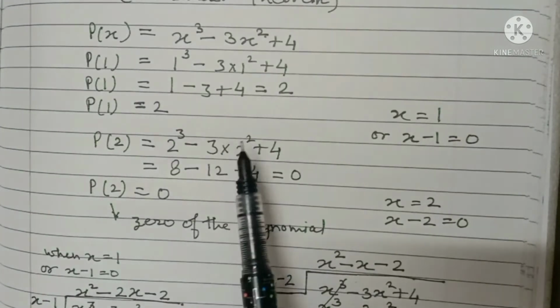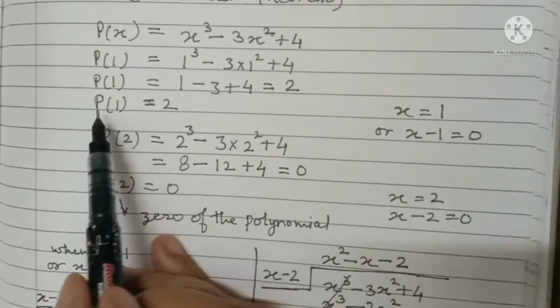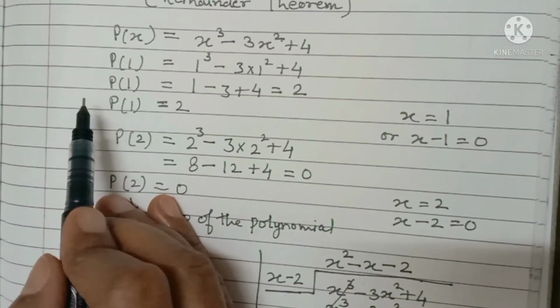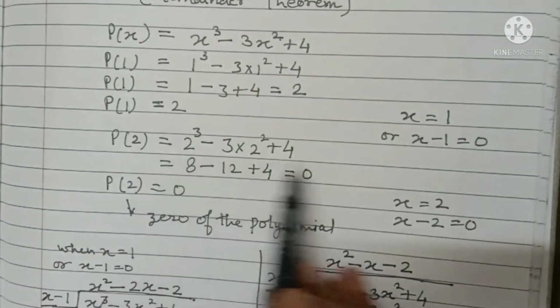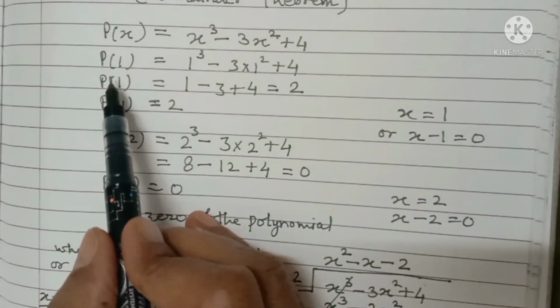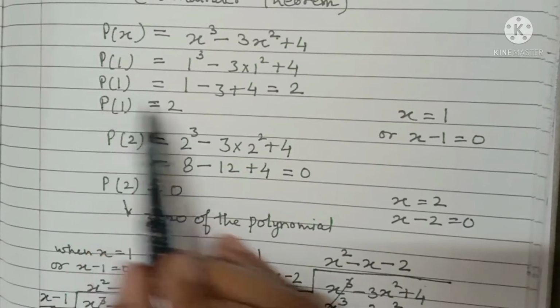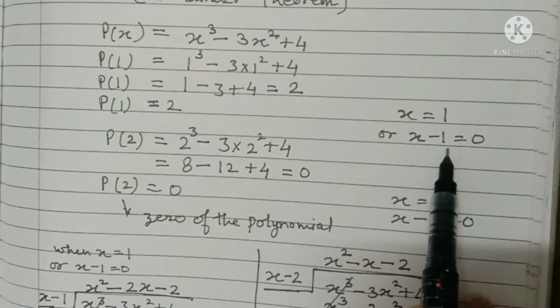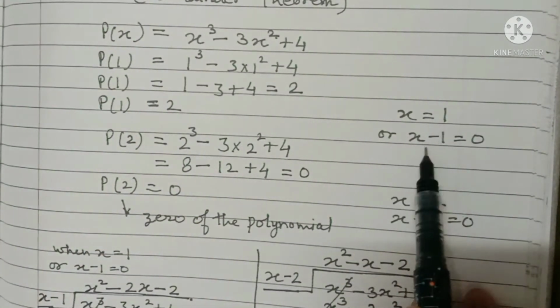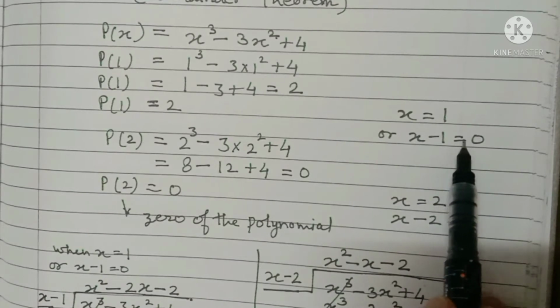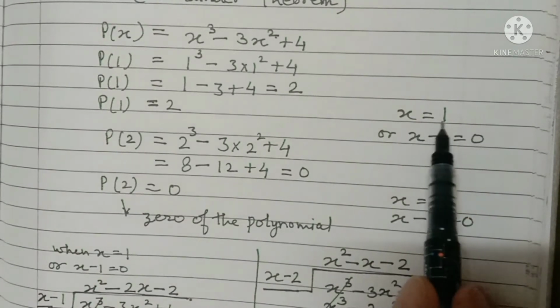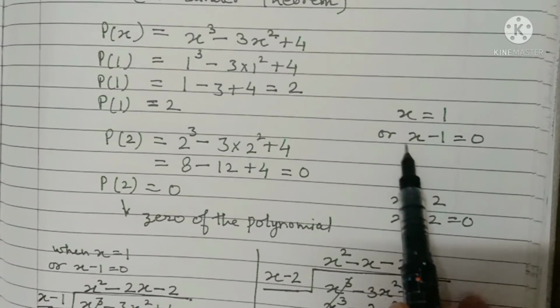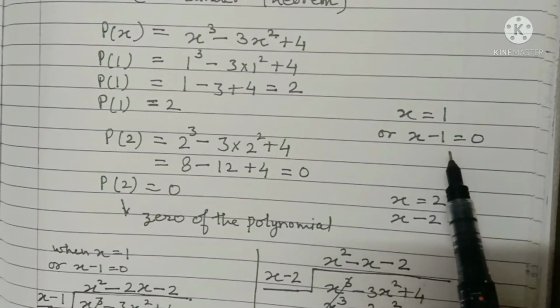Here the zero of x minus 1, when you put it equal to 0, you will get 1. So the zero of x minus 1 is 1.